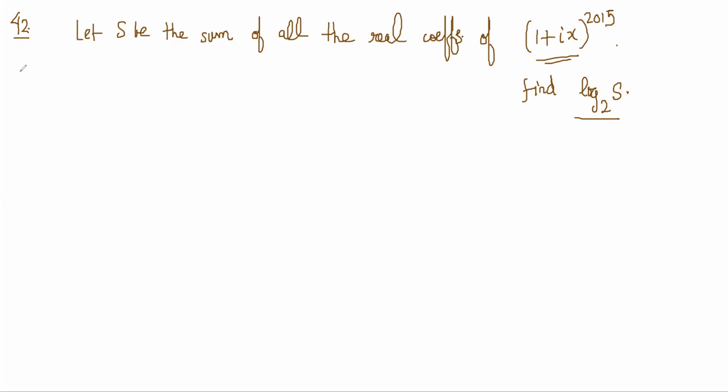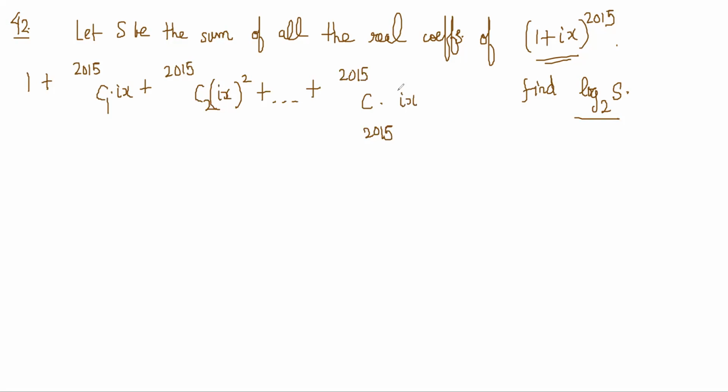So do binomial theorem, simple. It is 1 plus C1 ix plus C2 (ix) squared and so on. This is the expansion, no?